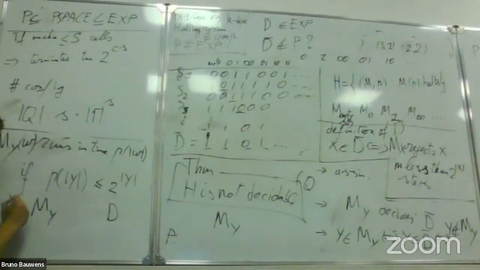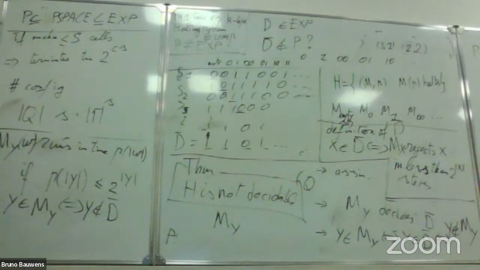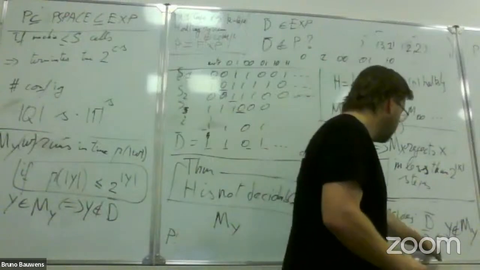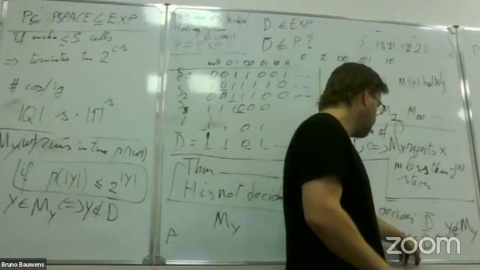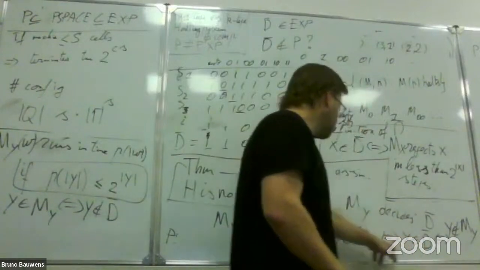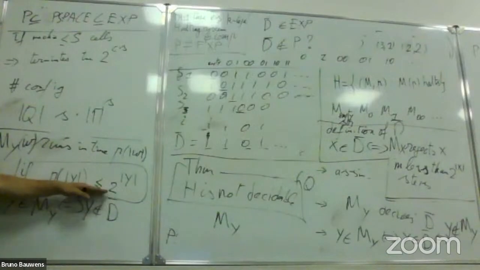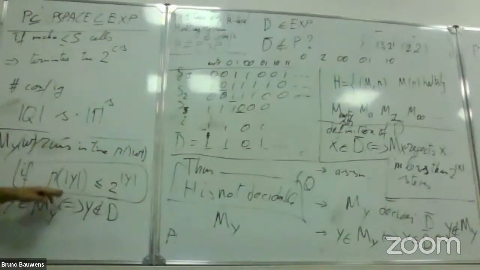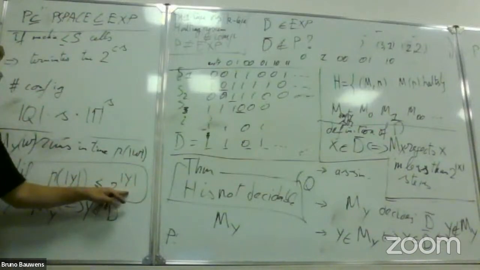So y in M_y if and only if y not in d bar. Under this assumption, d bar is the negation of what M_y is doing on itself, and this equivalence is valid by the assumption that M_y decides d bar. So in this case, we are good, if the polynomial is small enough so that p of the length of y is smaller than 2 to the power length of y.